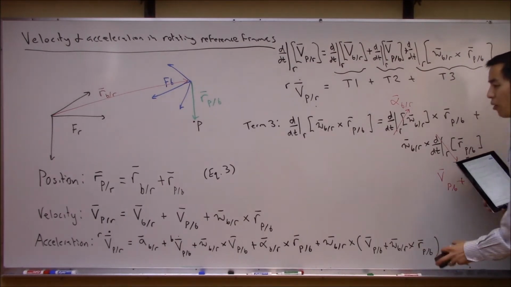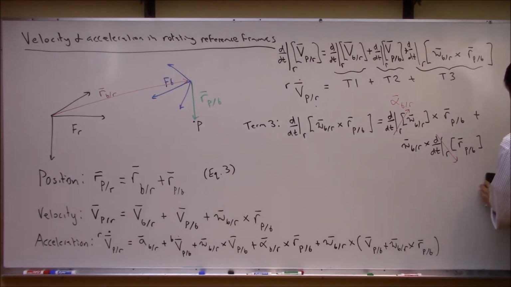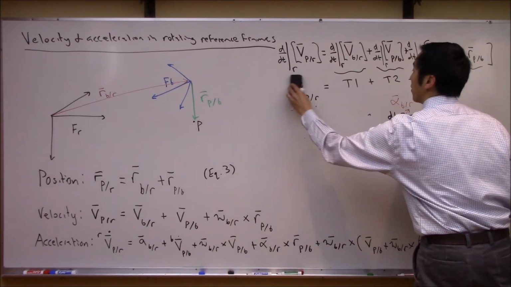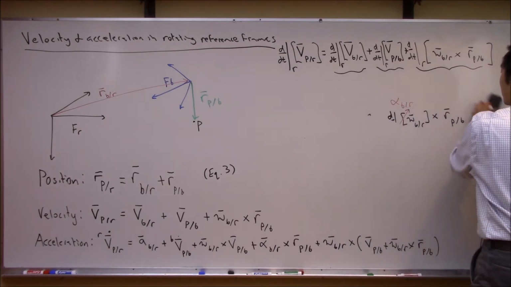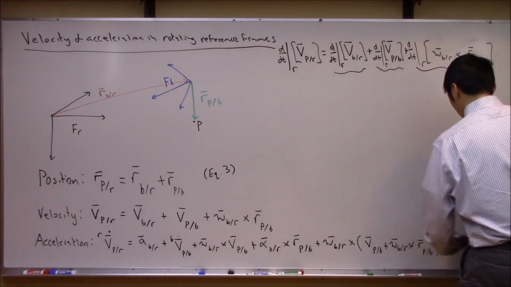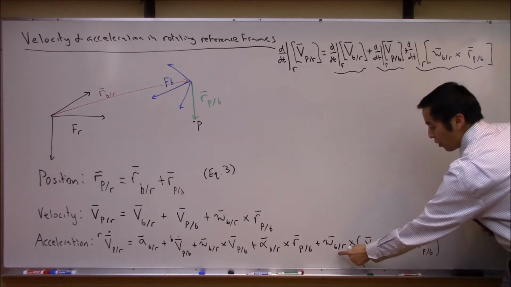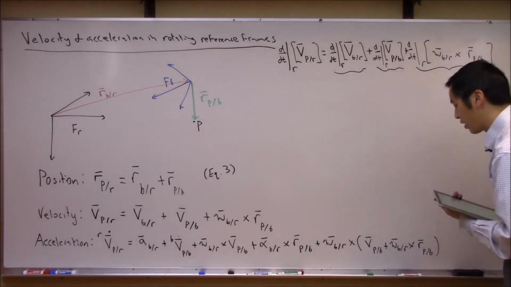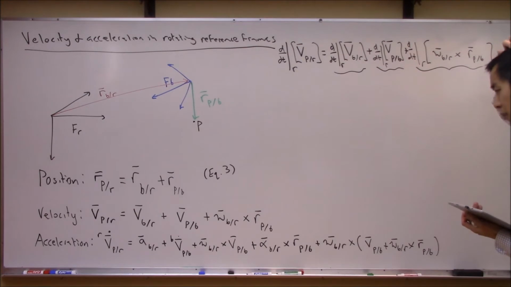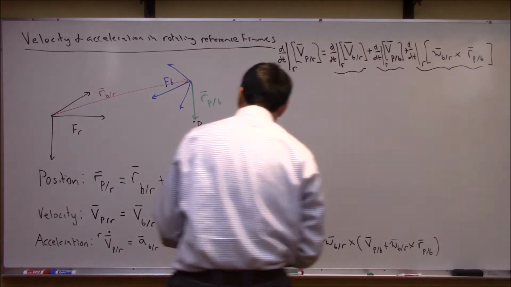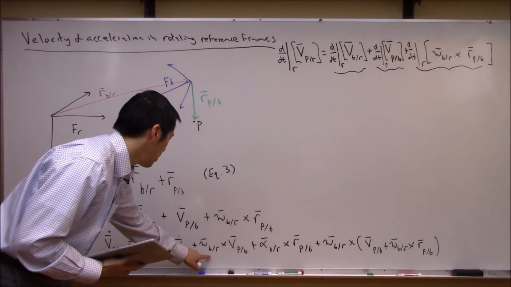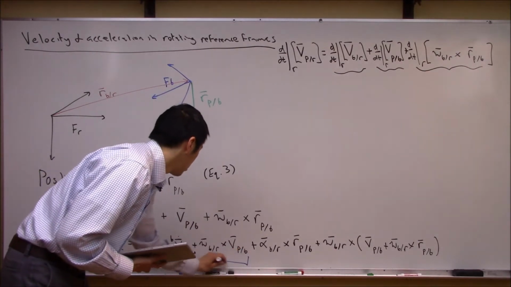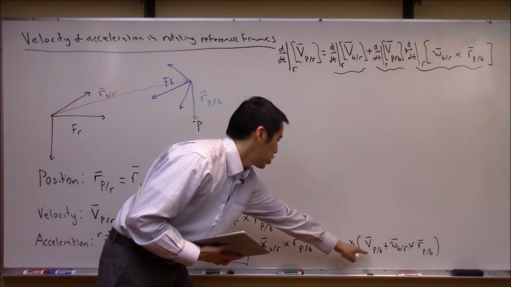So the last thing we want to do is erase some of this so we can get some more space, and simplify this thing a little bit. If you distribute this cross product through, you're going to notice that some of these things show up multiple times. For example, there's this omega B with respect to R crossed V_P with respect to B term, and it shows up again here.